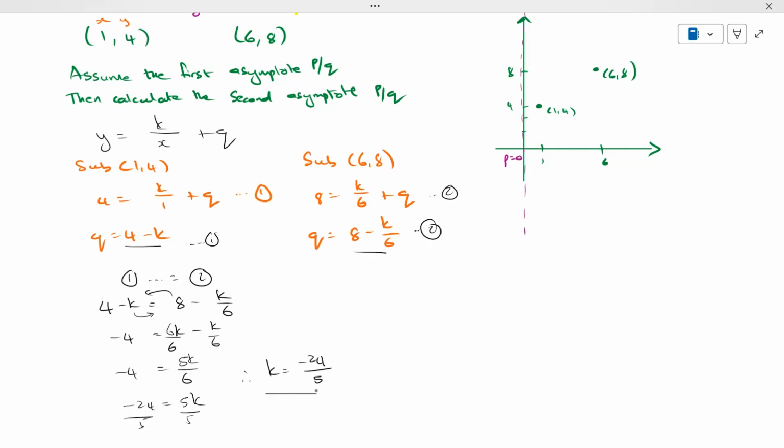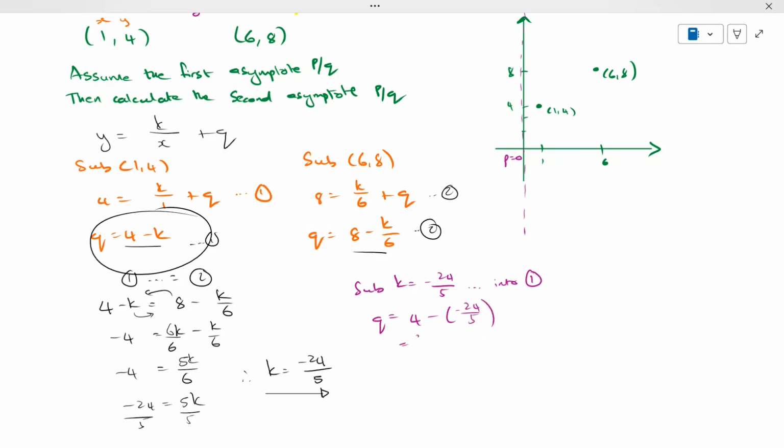Now that I have my k value, I can use that to find my q value using any one of the equations. This looks like a simpler equation. So I'm going to substitute k equals negative 24 over 5 into equation number 1 to get q. Then q will equal 4 minus negative 24 over 5, which is actually plus.